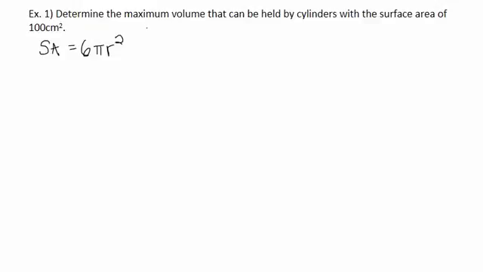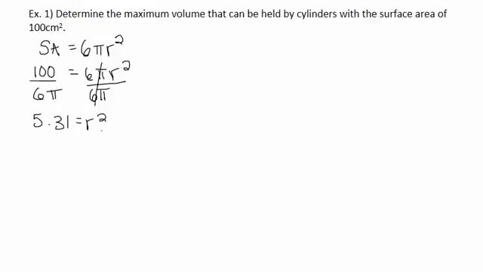And now let's plug in our 100 for the surface area. And let's solve for r. So let's divide both sides by 6 pi. These cancel out, and we're left with 5.31 is equal to r squared. And finally, let's take the square root of both sides, and again these will cancel out, and we're left with 2.3 centimeters as our value of the radius.